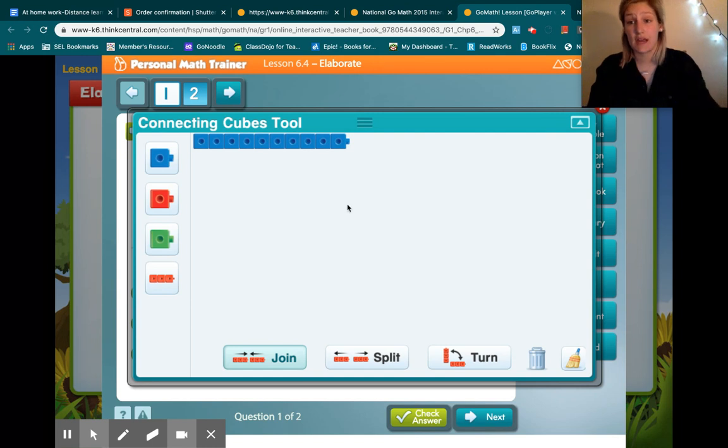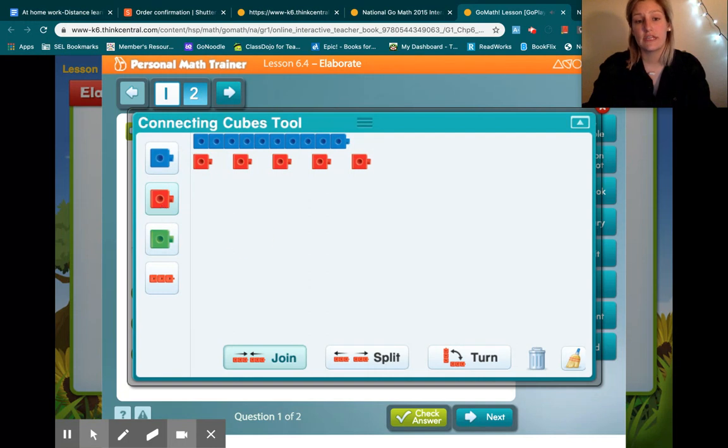Grab 10 with me, ready? 10, and we already have that group. And we're going to add on ones to see how many ones we have. So 11, 12, 13, 14, 15, 16, 17, 18. So that's where Mrs. Maris is going to stop, because remember, the number we were looking for was 18.